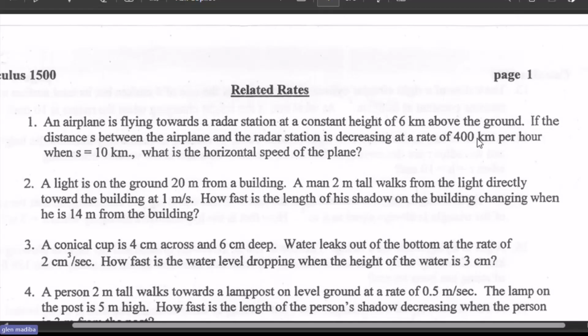How fast is the length of this man's shadow on the building changing when he is 14 meters from the building? But remember, we know that the light is stationary at 20 meters from the building.